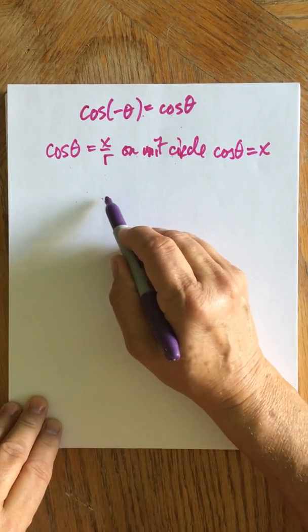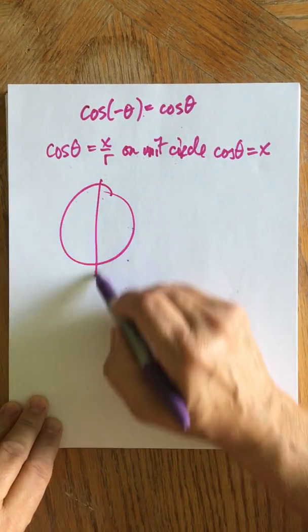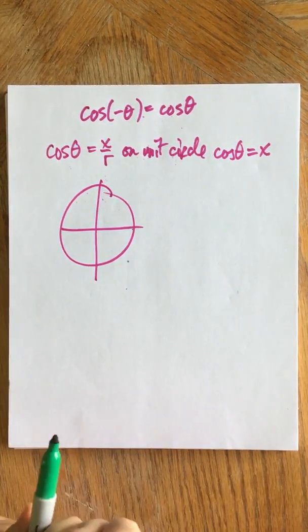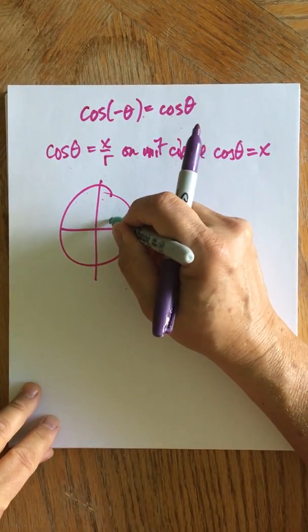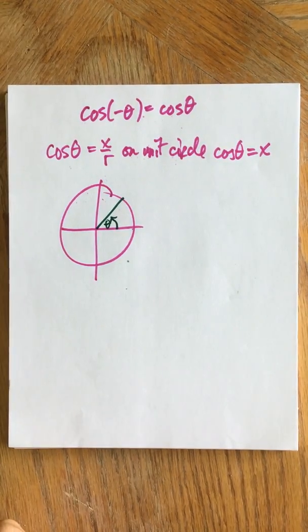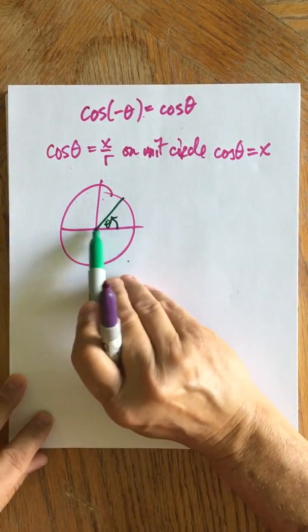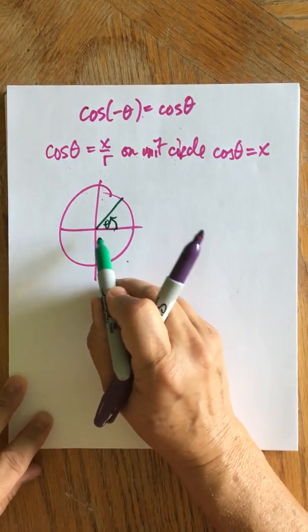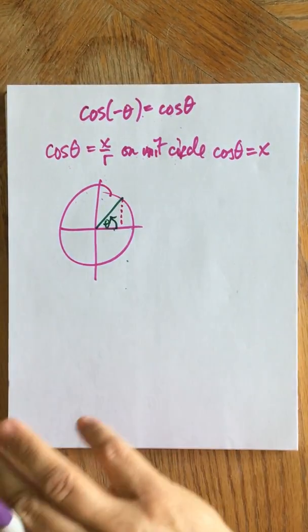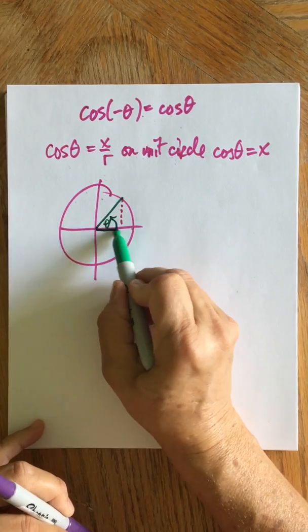So if I look at them, again, on a circle, and I say, okay, let's take a look at just theta. So here's, I rotate out theta, right? Here's theta. Well, the cosine of that angle is the x-coordinate. So it's this length right here. When I drop a perpendicular, it's this x-coordinate.